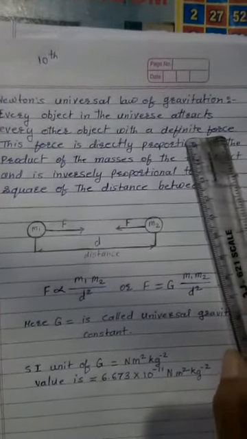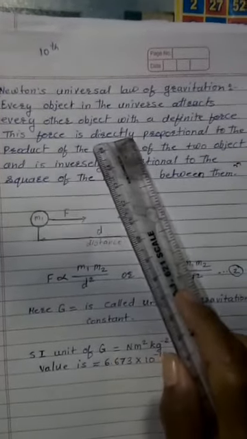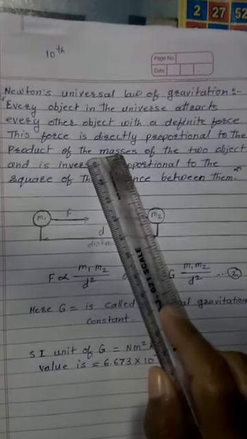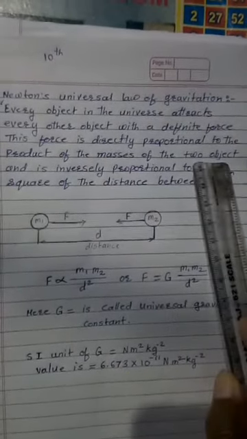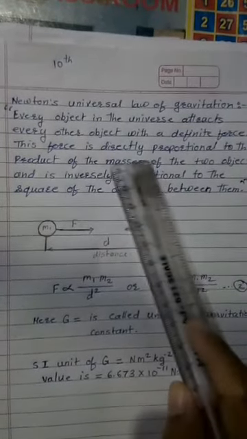There is a definite force between them. And this force is directly proportional to the product of the masses of the two objects. So what product will come from those two objects' masses?